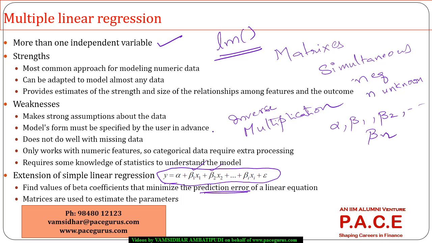Now looking at the positives and negatives of this particular method before we take up the example. It's one most common approach, especially if my data is numeric data. If my dependent variable is a numeric dependent variable, one of the most highly popular models for modeling it is the multiple linear regression.